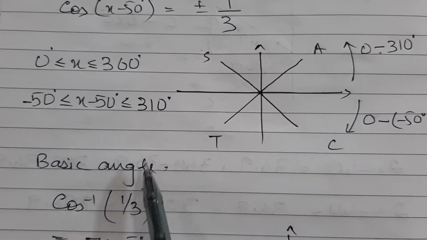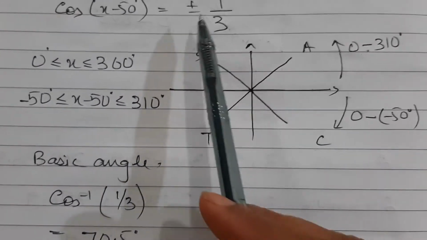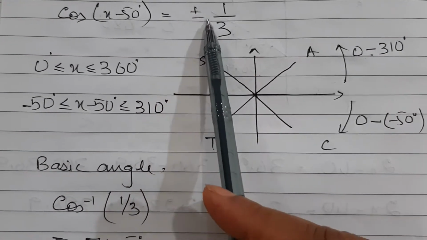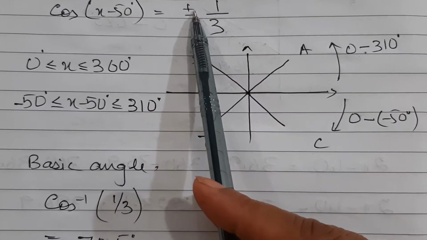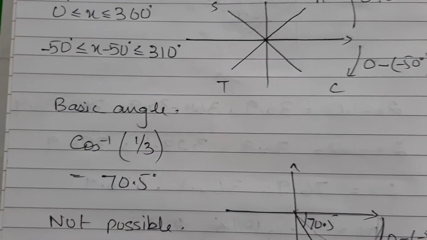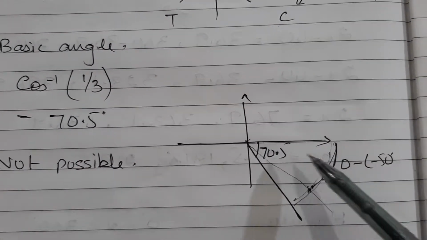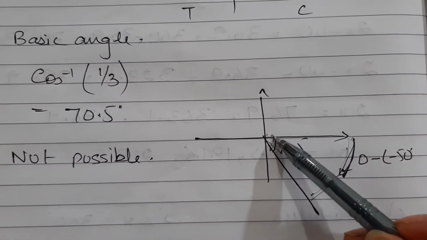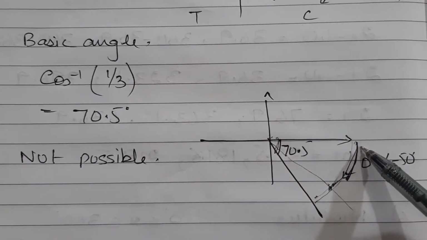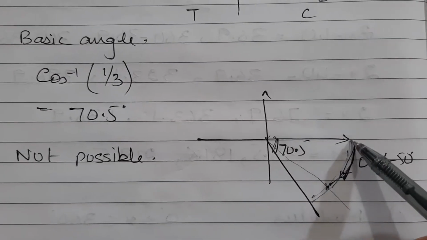Now, basic angle, how will I find it out? Cos inverse 1 over 3. I will forget the sign because they were only helping me to find out the quadrants. So my basic angle is 70.5 degrees. When I check the rotation of 0 to minus 50, I will stop halfway somewhere here.